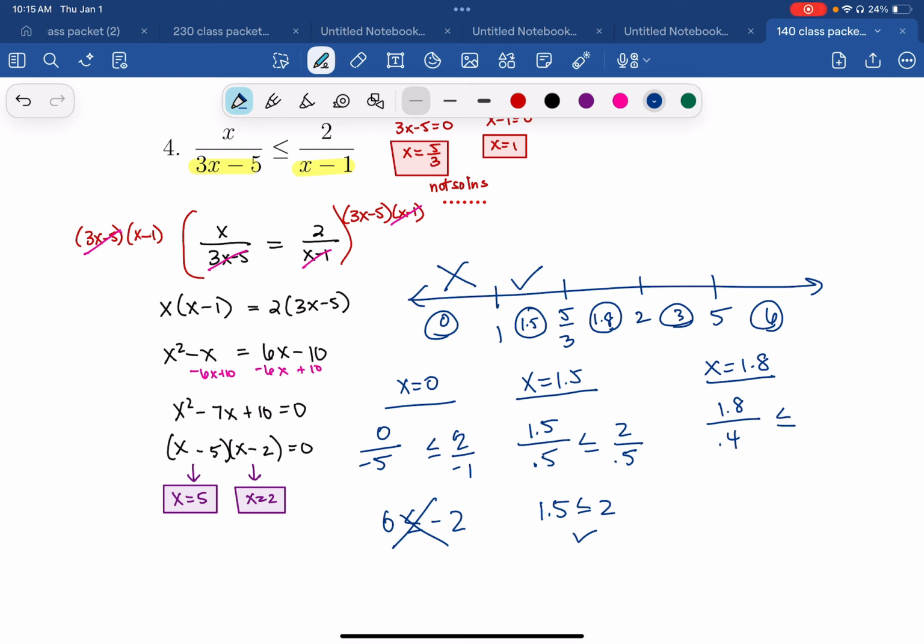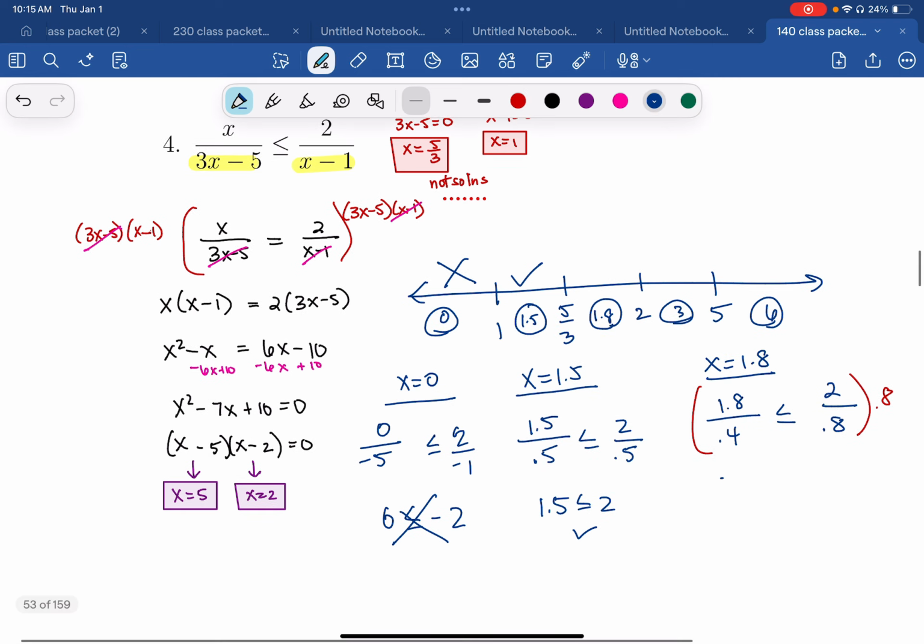Less than or equal to 2 over 1.8 minus 1 would be 0.8 on the bottom. If we multiply everything by 0.8, you could also just divide those in a calculator if it's easier for you. I just don't have one handy. That's going to give us 3.6 less than or equal to 2, and that is not a true statement. So nope on that one.